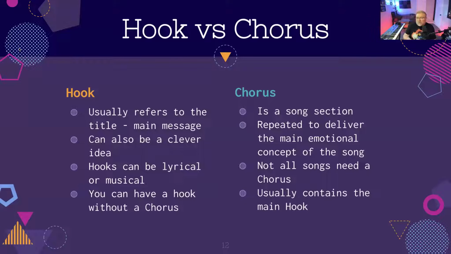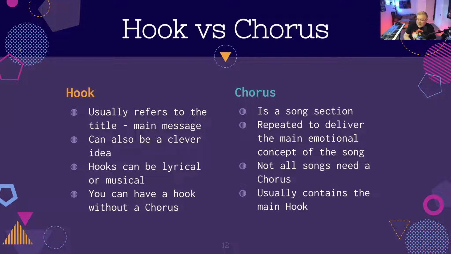But a hook from a lyric perspective usually refers to the title or the main message, or it can be an underlying clever idea. Hooks can be lyrical or musical, and you can have hooks without having a chorus. But a chorus is a section where the hook usually lives. So it's a song section that's repeated to deliver the main emotional concept of the song.